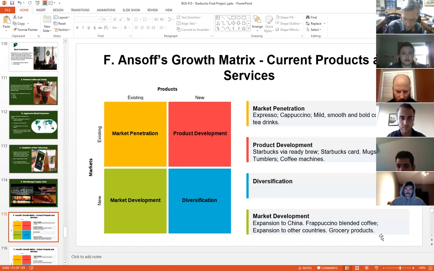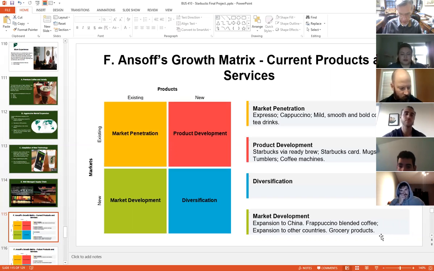And for diversification, I think we spoke in the last meeting that Starbucks is doing quite a good job when it comes to diversification. And then we have market development: expansion to China, even India in the next couple of years, Frappuccino blended coffee, expansion to other countries, and grocery products.